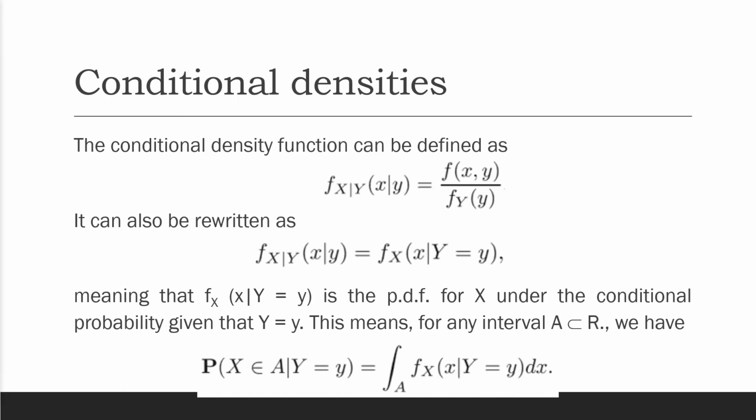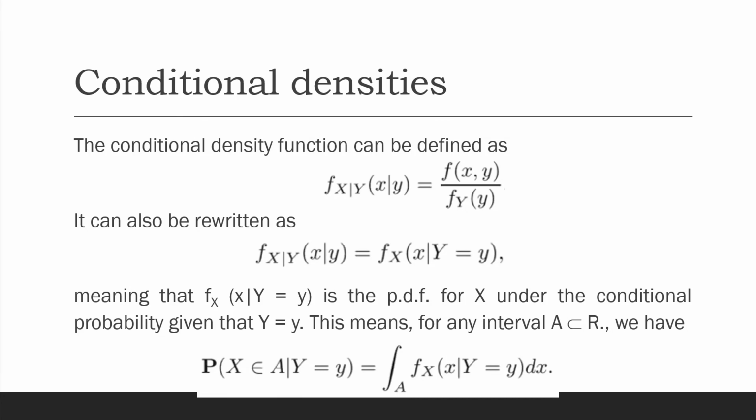It can also be rewritten as f of x given Y equals the point y, meaning that this is the probability distribution function for X under the conditional probability, given that the set Y is equal to the point y.